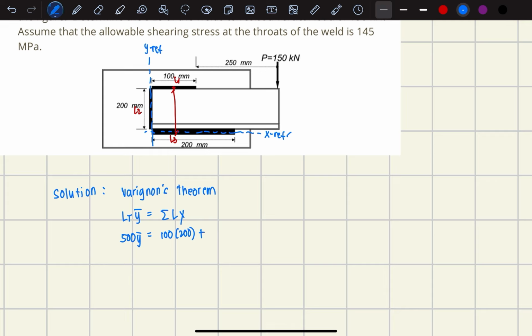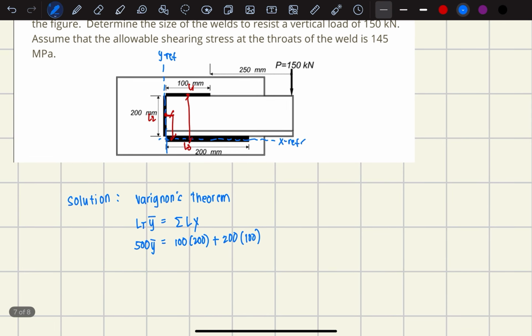While sa L2, yung centroid natin dyan is kalahati ng 100. So, 200 yung length niya times yung centroid niya 100. Yung L3, hindi na kasali sa computation since located siya exactly sa X reference natin.